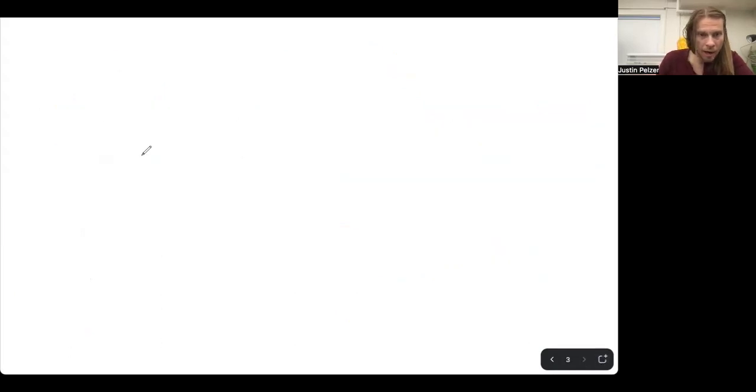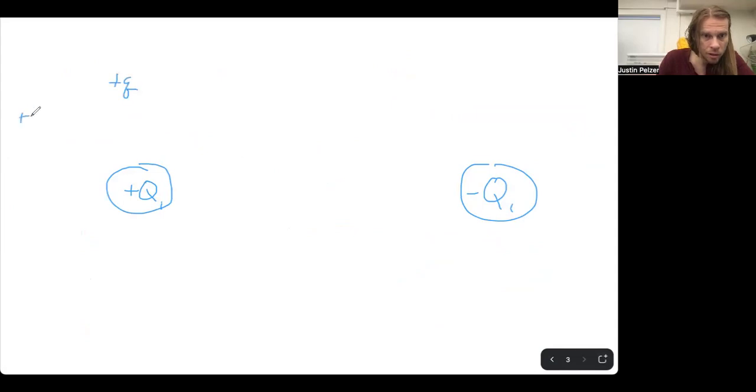So let's draw this a little more accurately. Let's say I have a positive charge here, Q1. Let's say I have a negative charge here, Q1. Let's compare. If I throw in positive test charges here, close and far, and I'll do the same here.